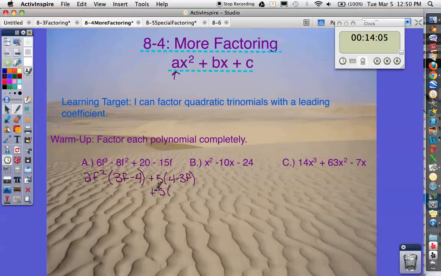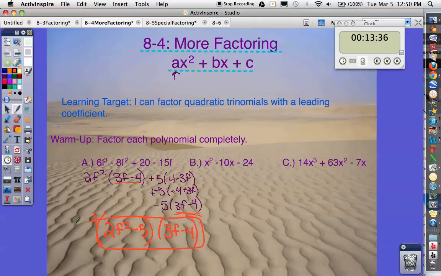Pull out a negative 5 instead, and that would give me a negative 4 plus 3f. That almost matches. This is the same as a minus 5, 3f minus 4. So now we can see that they match. These are exactly the same. Your factorization then is going to be 2f squared minus 5 times 3f minus 4.